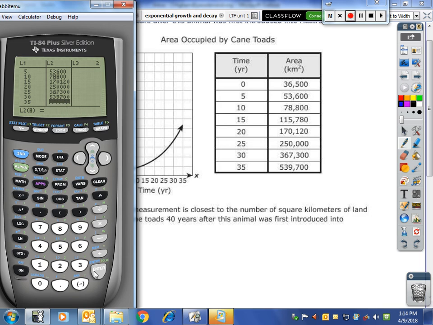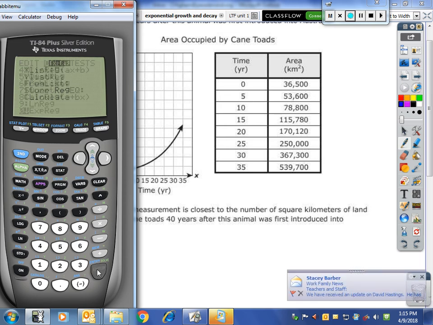Okay, oops, I messed up. Okay, so then I'm going to go to Stat, Calculate, and which one is it? Enter, enter, enter, enter.